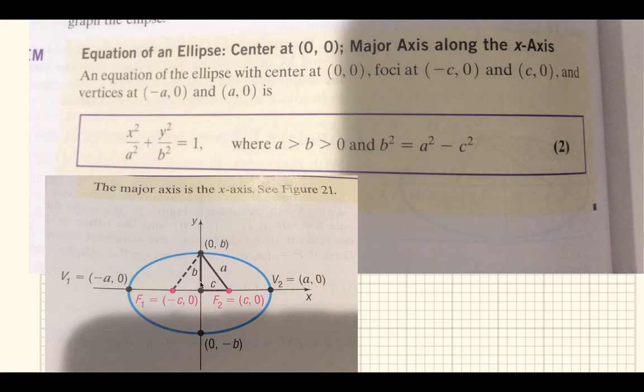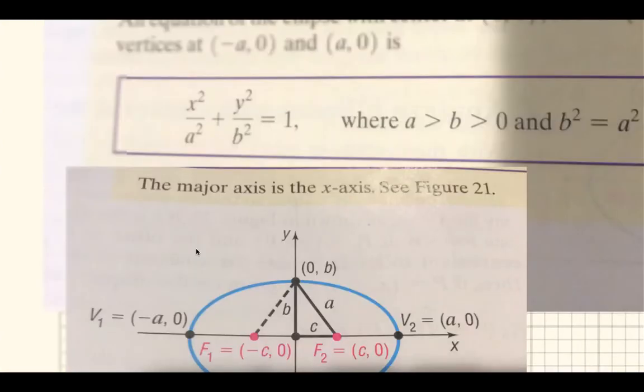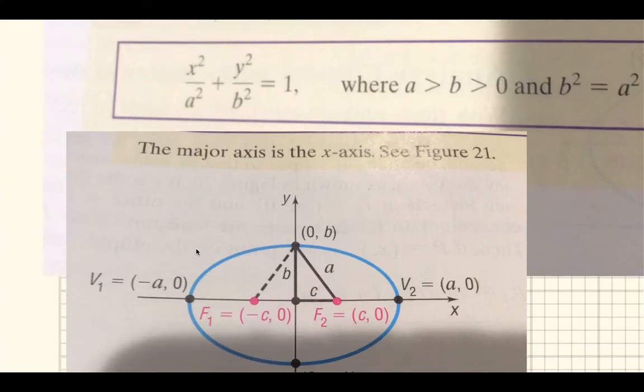So those are the foci. If you pick any point, let's say we draw a point on this ellipse, and I connect that point to the two foci, it would be this and that.